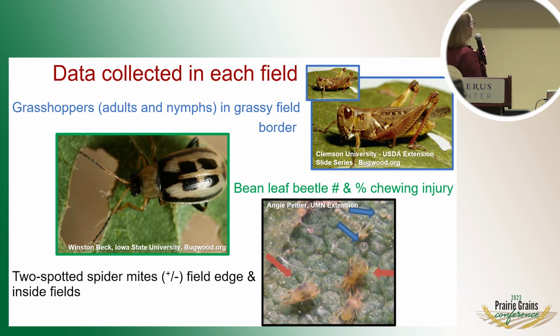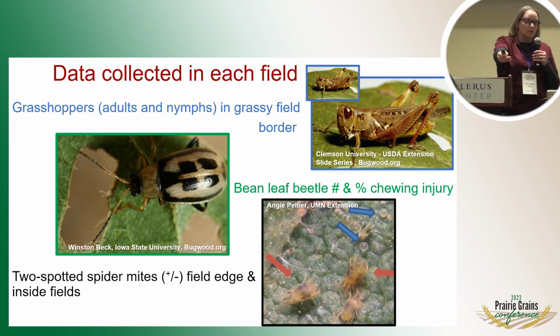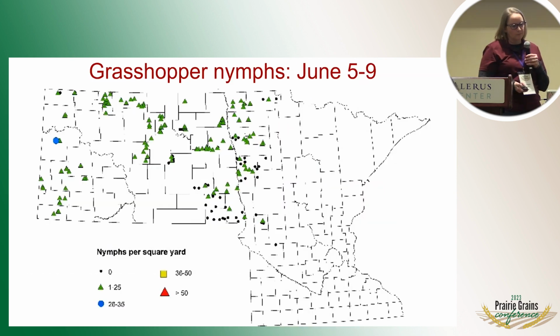And lastly, two-spotted spider mites, both on the field edge and then inside of the field. Field edge populations are the beginning stages of them entering the field from that grassy field border area. Once they enter into the field, it becomes a little bit more serious.